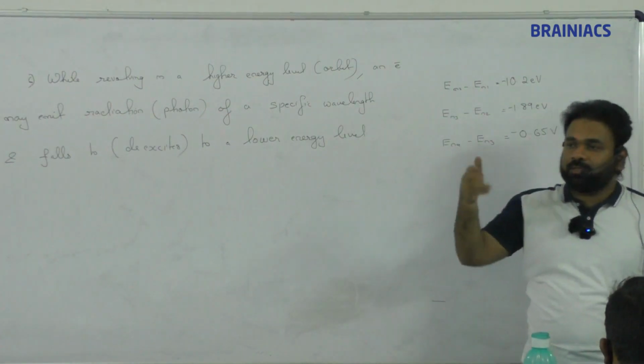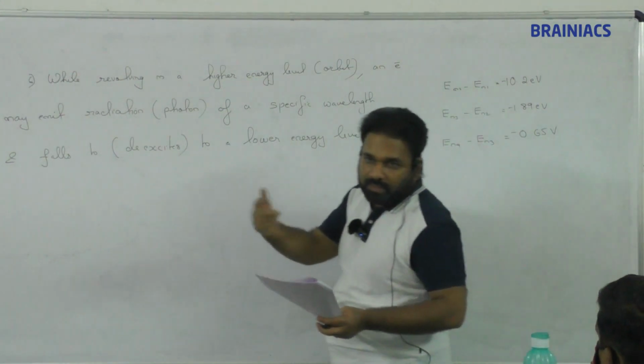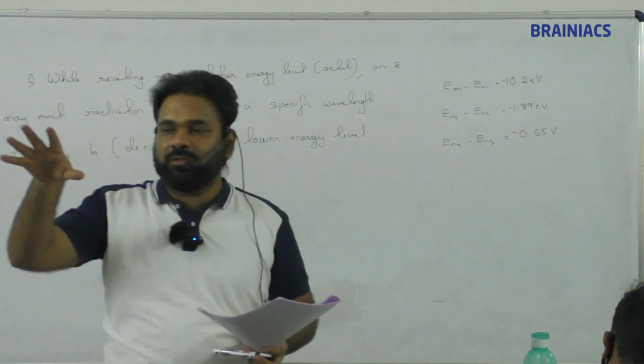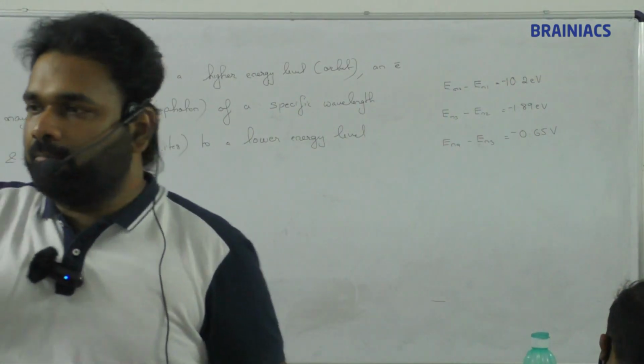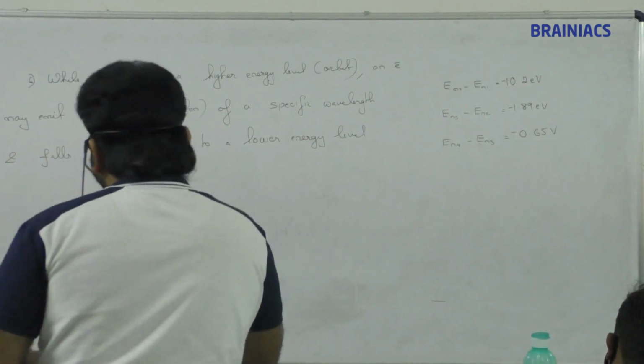So it was running in an orbit, it will emit photons or radiation, then it will come down to a lower energy level.